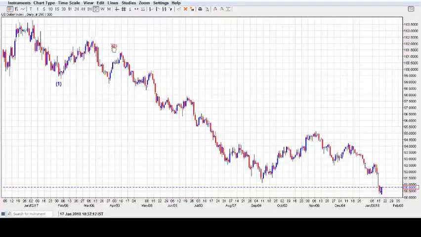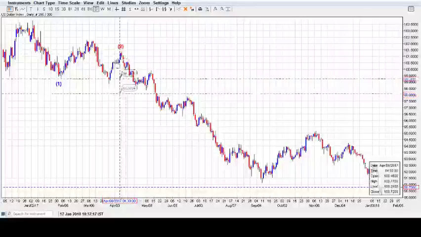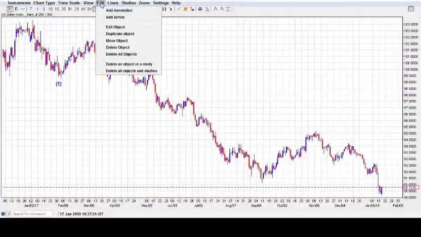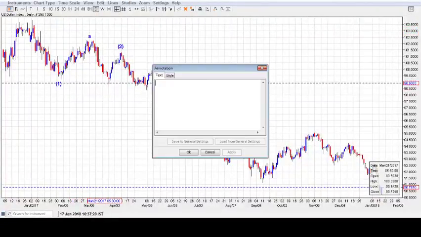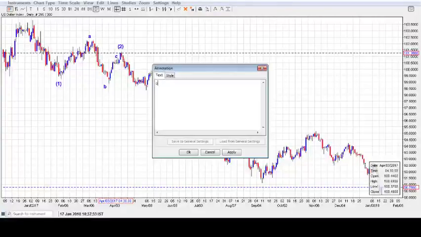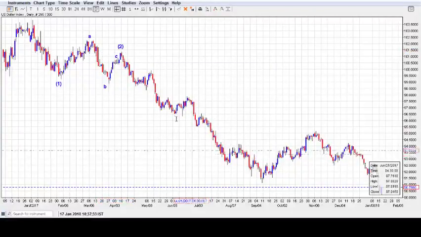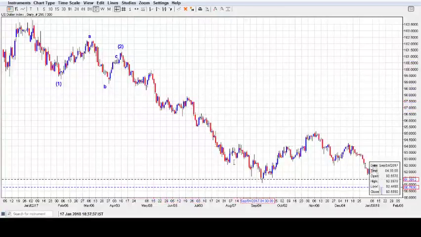I think wave 2 terminates here. I think wave 1 and then A, B, C, wave 2. Expanded flat. And then 1, 2, 3, 4, fifth wave extended.